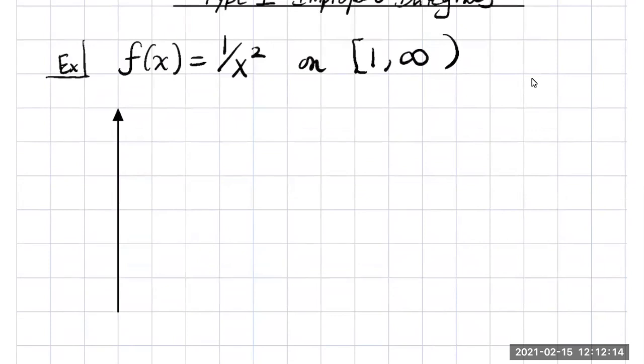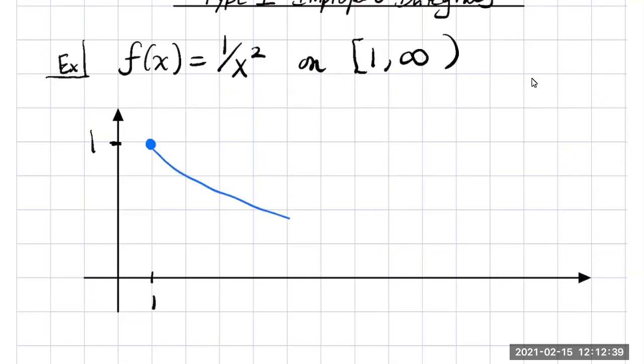What I'm going to do, gang, just to illustrate the point, is exaggerate the graph a bit. So that's what the graph looks like, just on the interval from 1 to infinity.